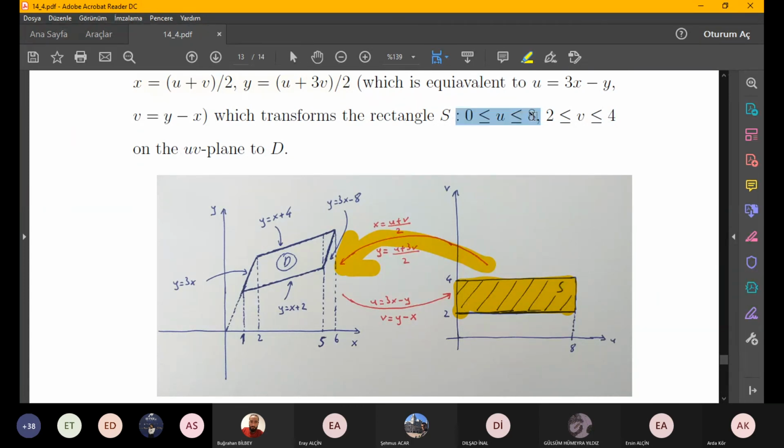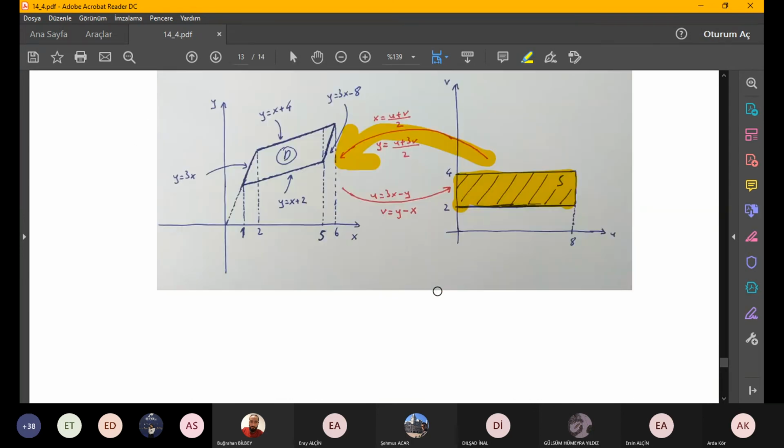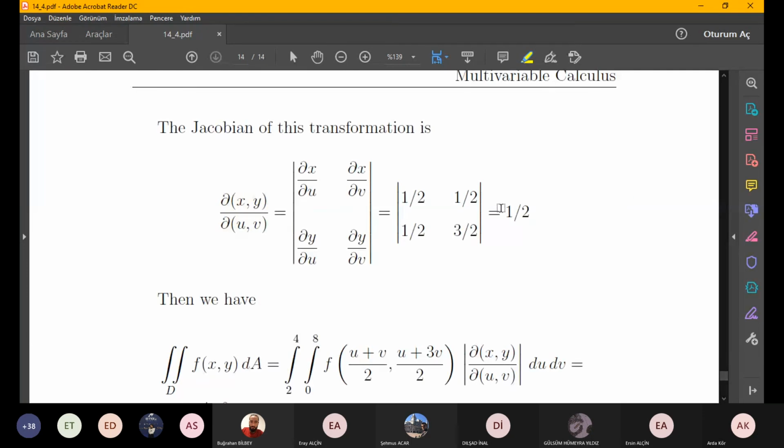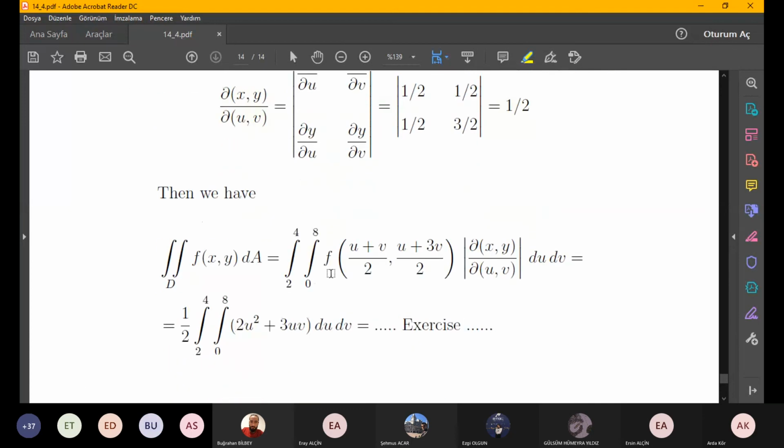Now the last thing we should do is define dA in terms of u and v. If we compute the Jacobian determinant, we find 1 over 2. After that, we need to write our transformation.